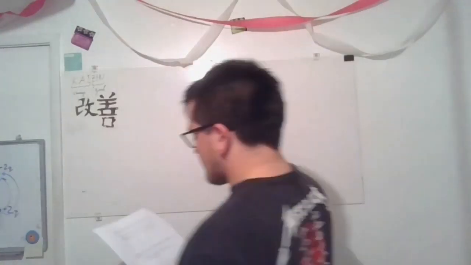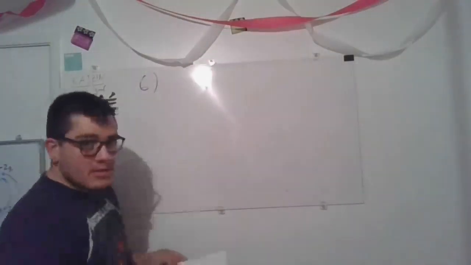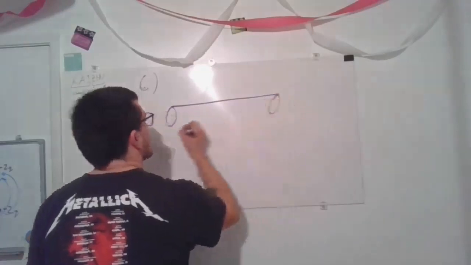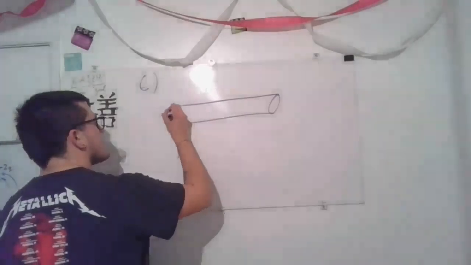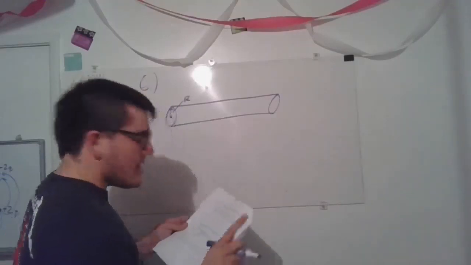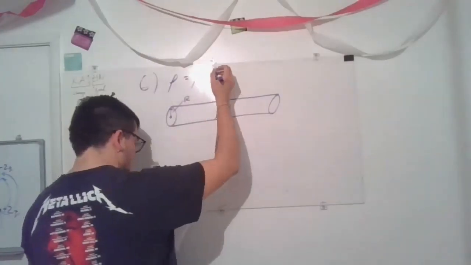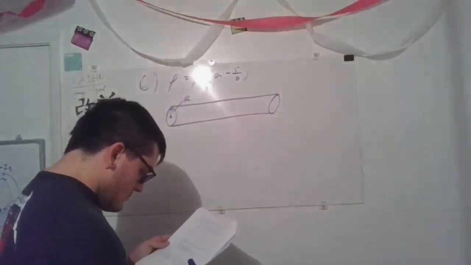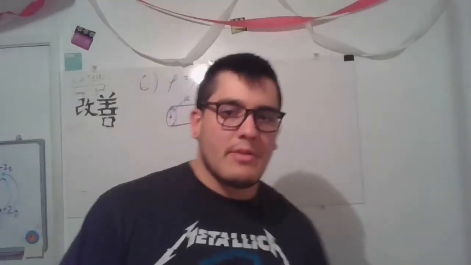Okay, so number 6. Infinitely long insulating cylinder. It has non-uniform volume charge density. Okay, this one's pretty straightforward.